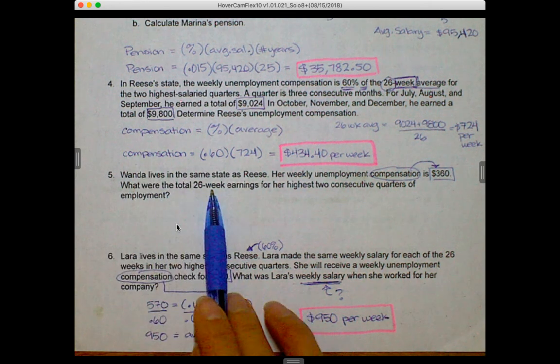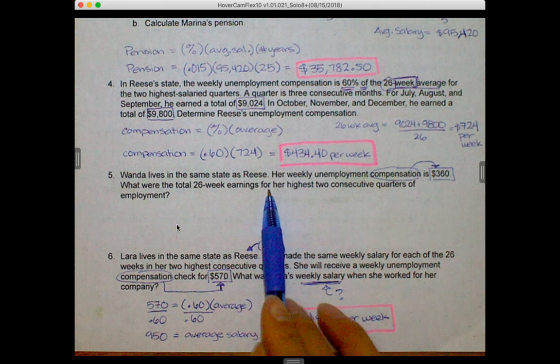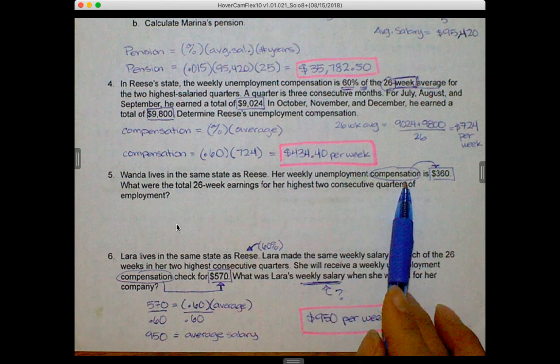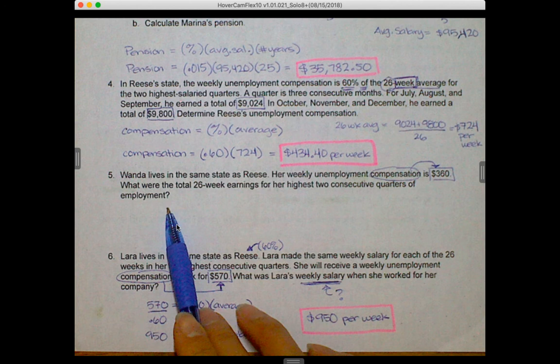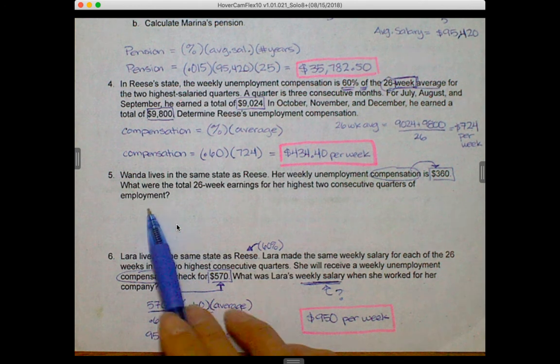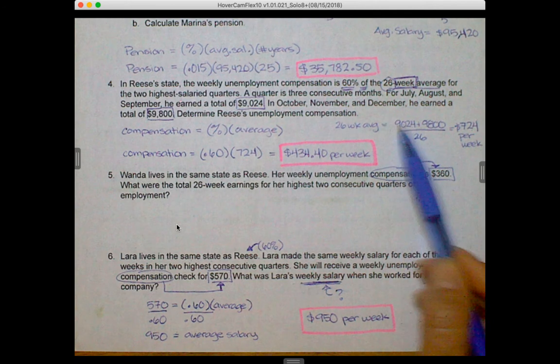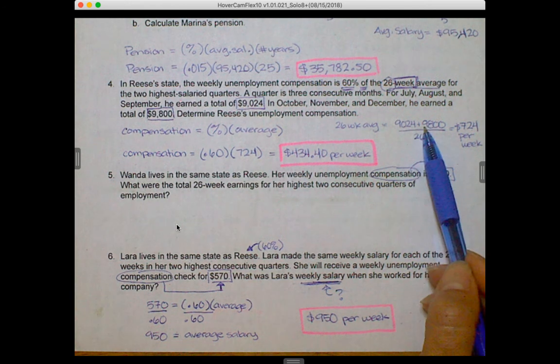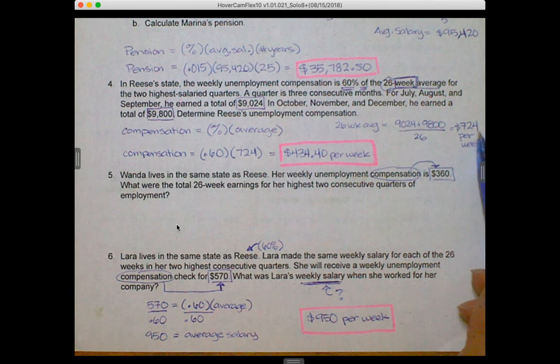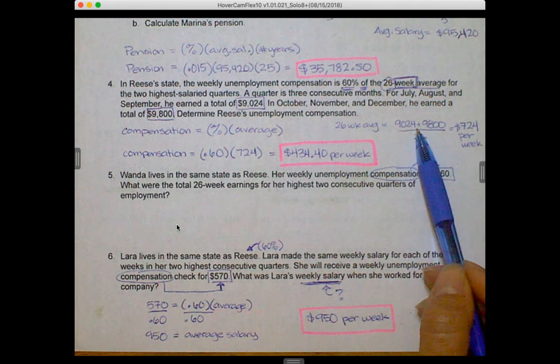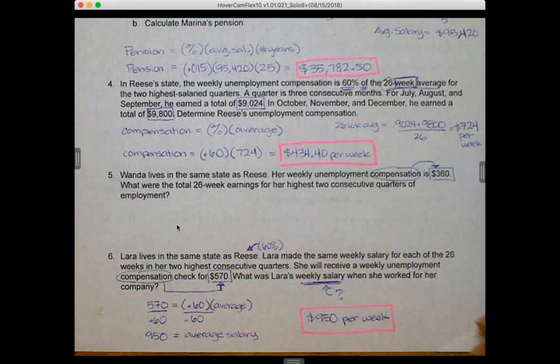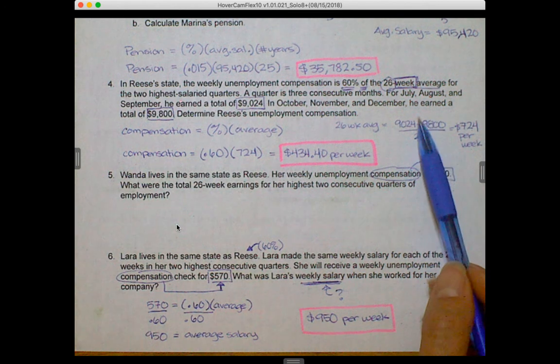What were the total 26-week earnings for her highest 2 consecutive quarters of employment? What they're asking is her highest 2 quarters added together. They don't want to know per week, they want to know the total. Now if I know the per week, I can find the total.